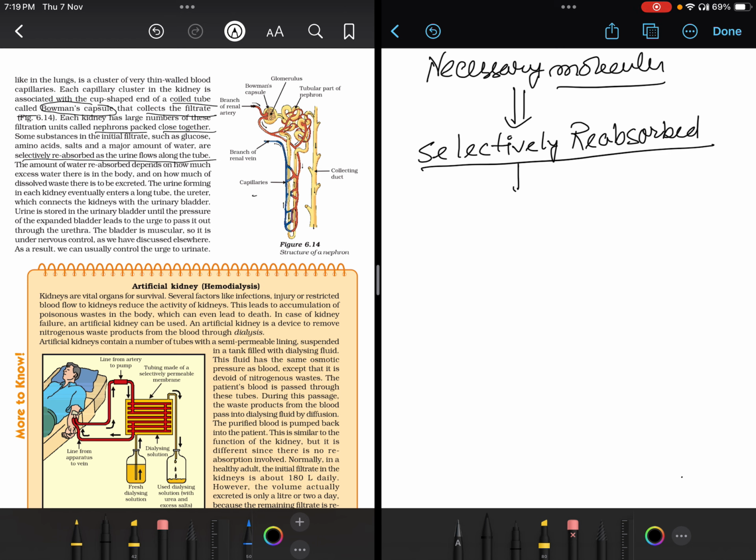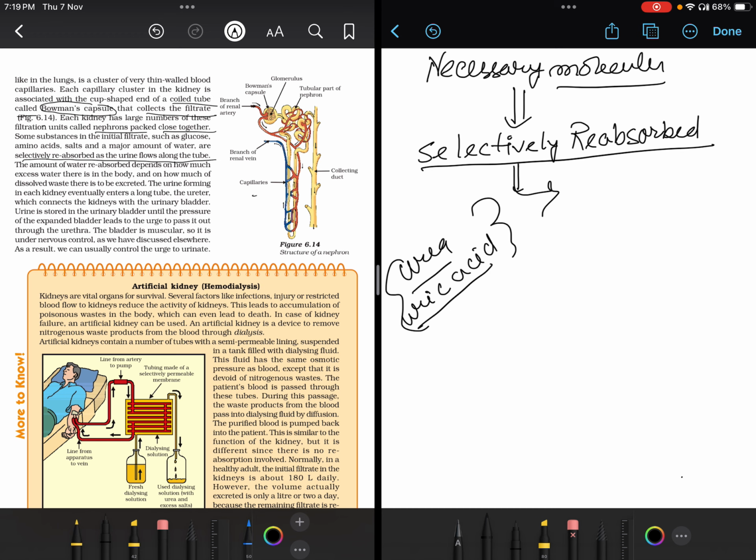If all the products were reabsorbed, what would be the problem? The urea, uric acid, etc. would also get reabsorbed, and the toxicity level would become more and more dangerous. So only the necessary entities are selectively reabsorbed.